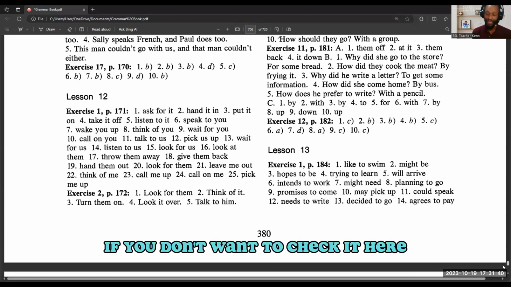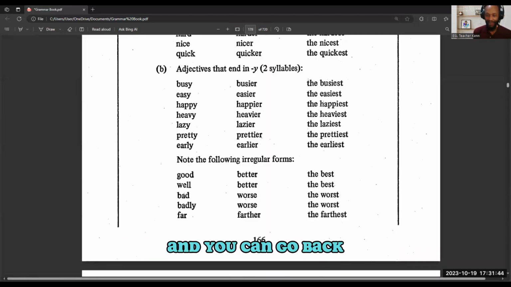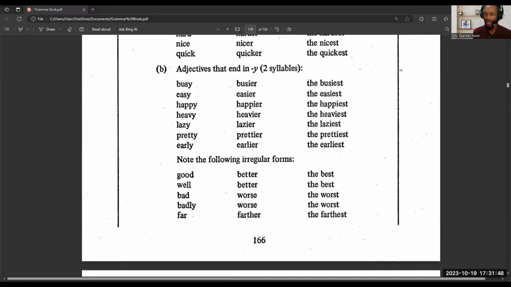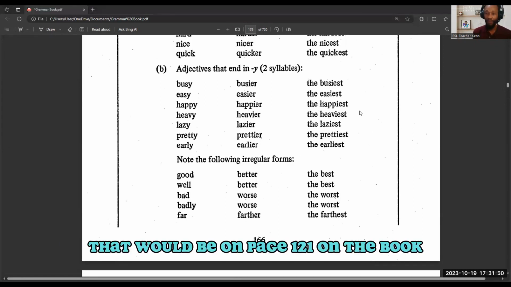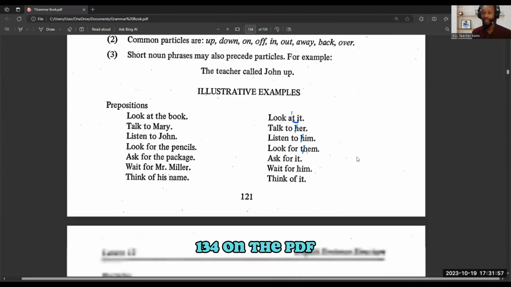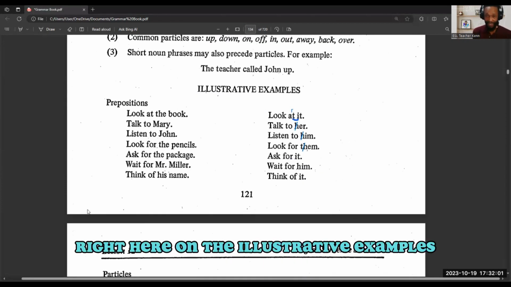If you don't want to check it here, you can go back to the lesson that we were seeing initially. That would be on page 121 in the book, 134 on the PDF. You can check it right here on the illustrative examples.